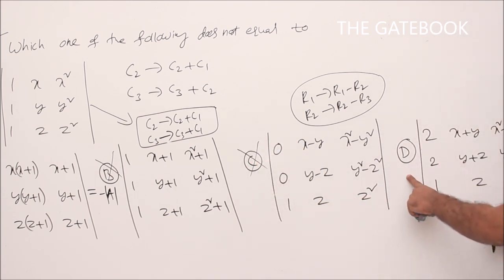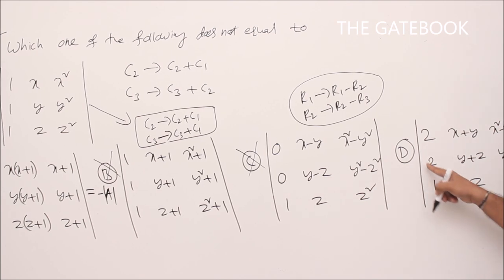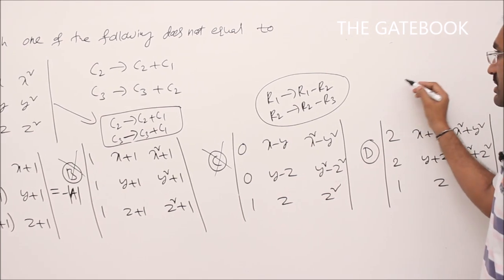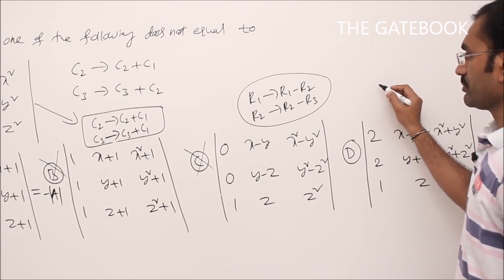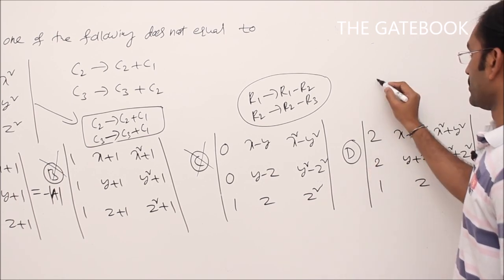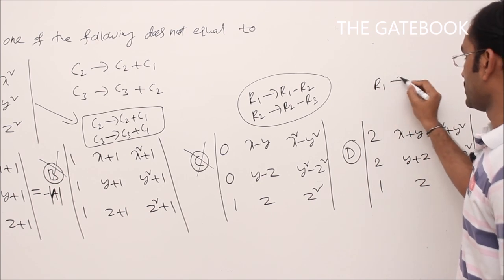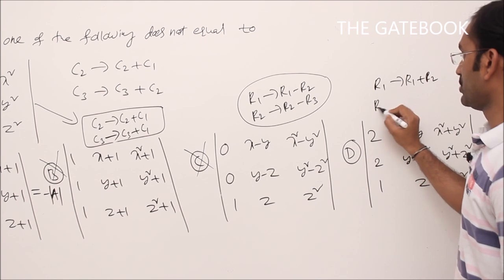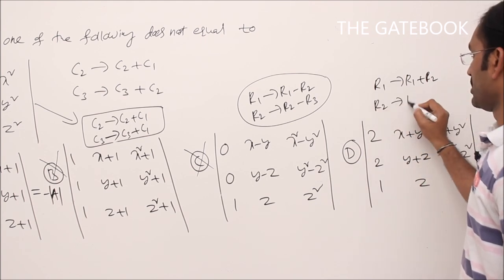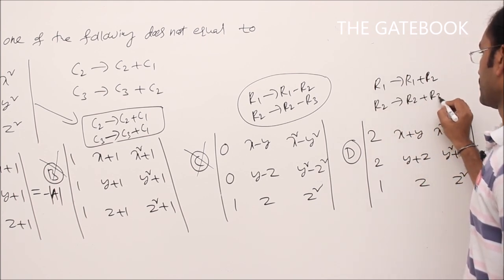Similarly option D. For option D, let us consider applying R1 implies R1 plus R2 and R2 implies R2 plus R3.